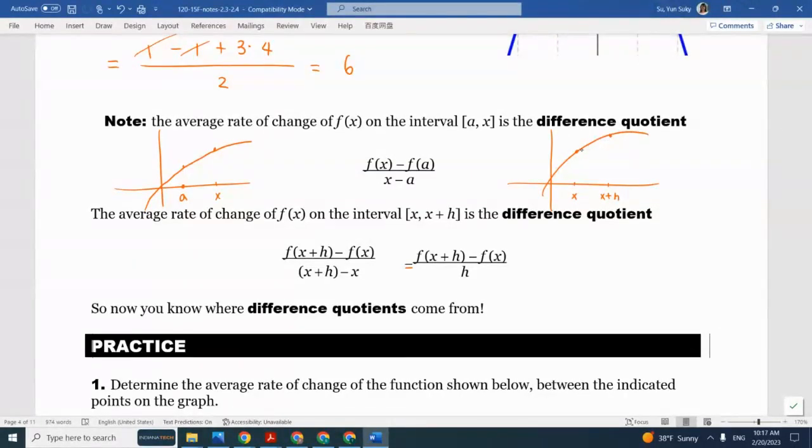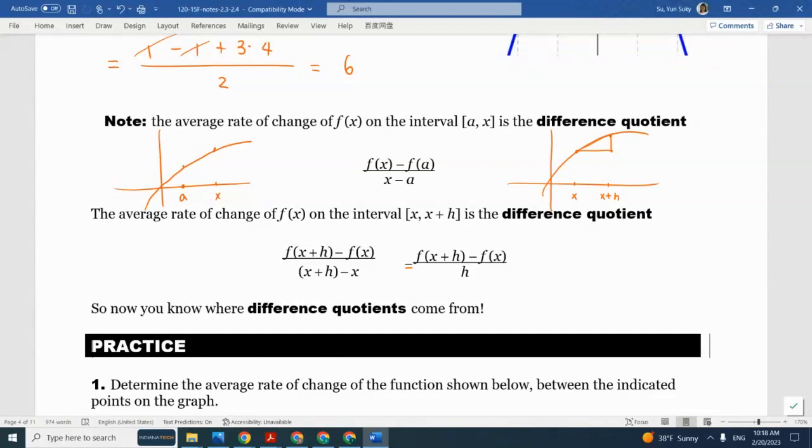Then in this case, let me look at this picture. Change of y is f of the second point minus f of the first point over change of x. Do you see change of x? What's the difference between them? Just h, right? Yes. So this is a change of y over change of x. It's the slope of the secant line passing through those 2 points.